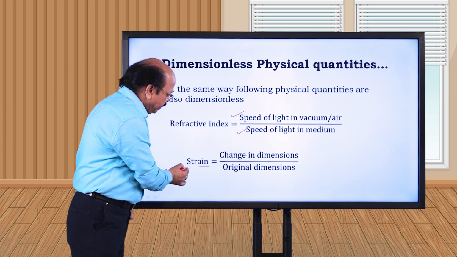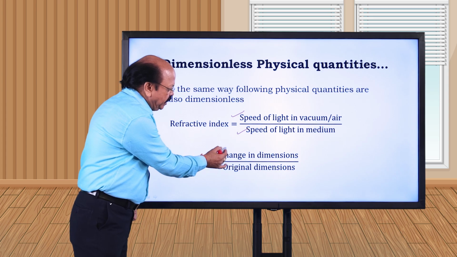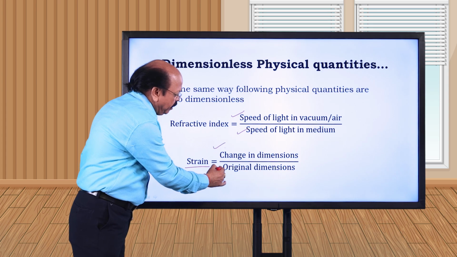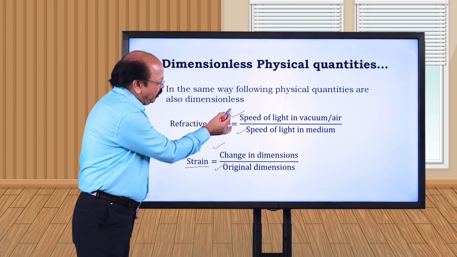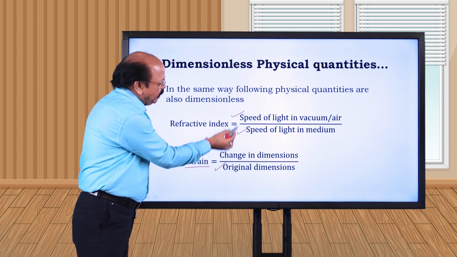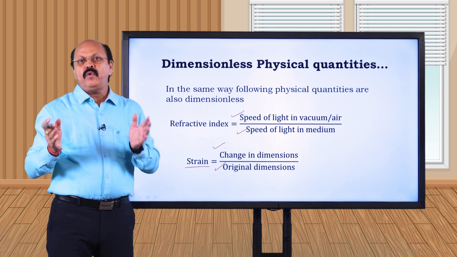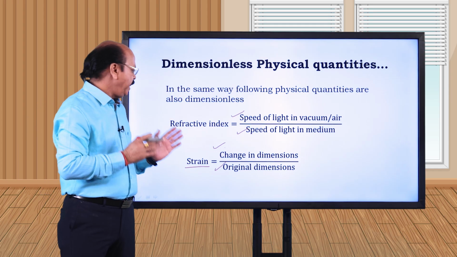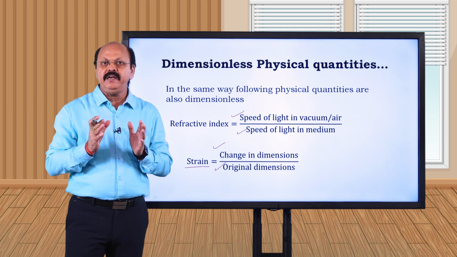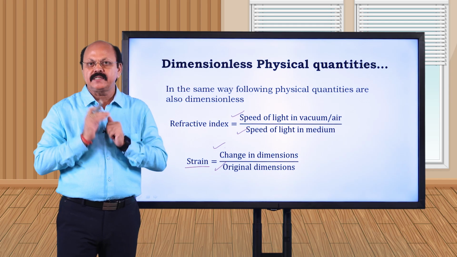Similarly, strain can be written as change in dimensions divided by original dimensions. So, in the numerator as well as the denominator the physical quantities are the same. That is why refractive index and strain both are dimensionless.